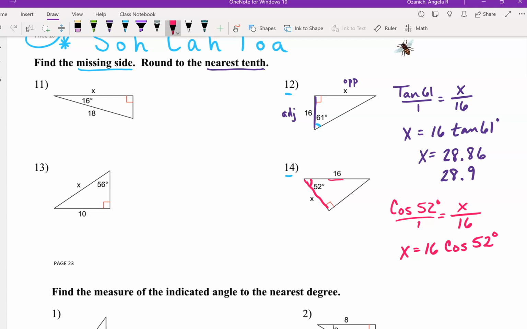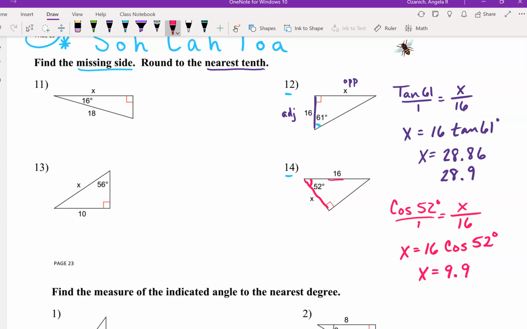So just be careful of that. That is sometimes a mistake that is easily made, to forget to divide in your proportion. Okay, so on this one we got 9.8. So x is equal to 9.85, so really 9.9 if we round to the nearest tenth.